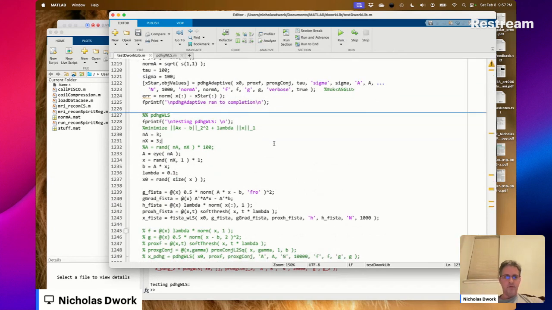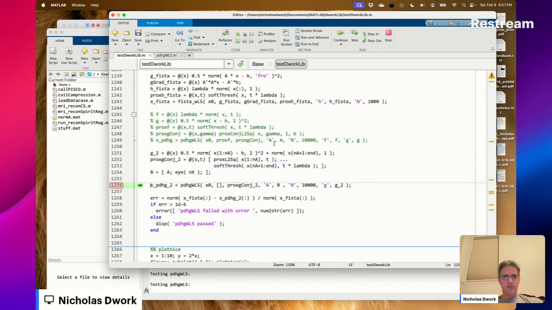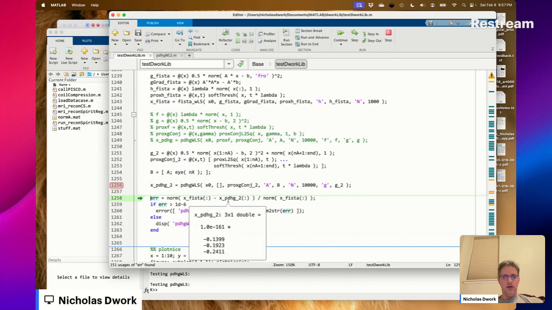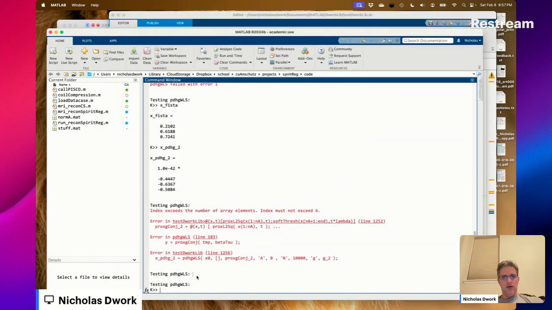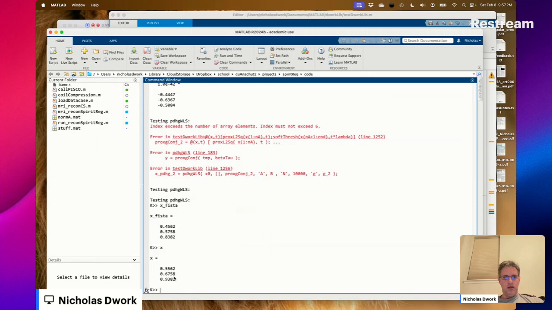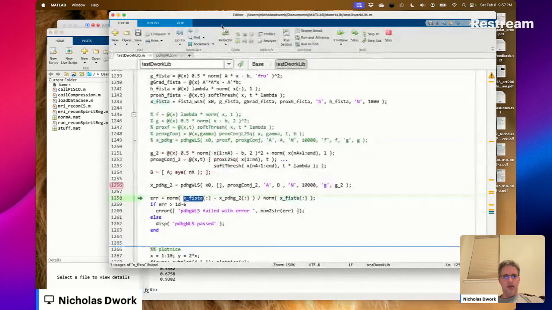Excuse me. Okay. Now A is equal to I, so B is just I. X from Vista is giving us something reasonable, close to the original. And PDHG with line search is returning darn near zeros.